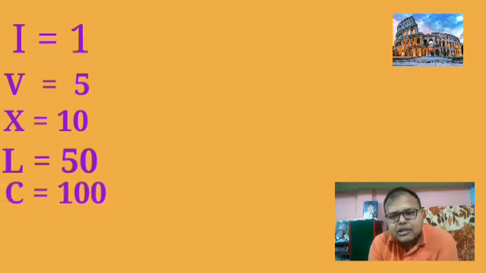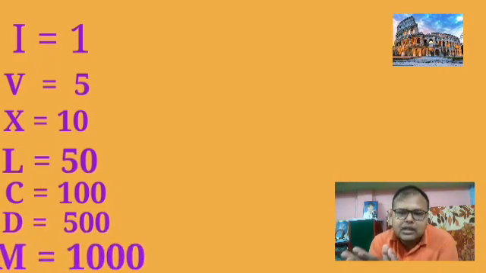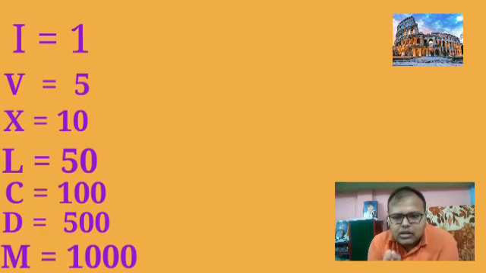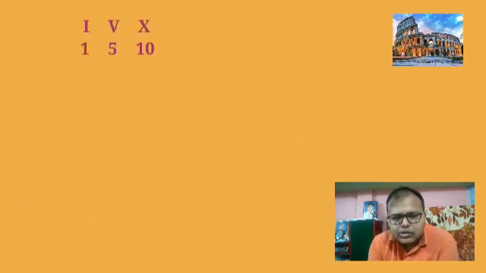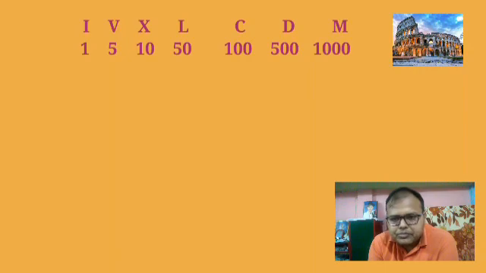Again, they use capital letter D to represent 500, and they use capital letter M to represent 1000. So these are the set of symbols they use to represent the numbers. Actually, what we are writing, 1, 2, 10 or 12, these are the symbols basically. So they have their own set of symbols, which are some letters.